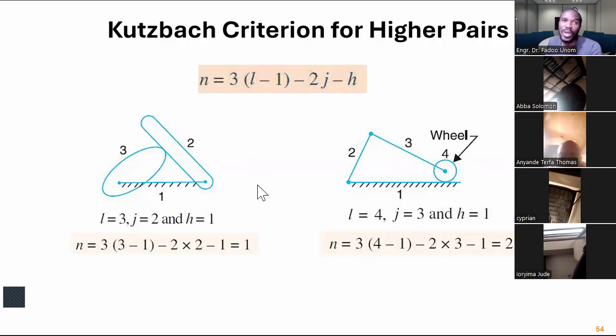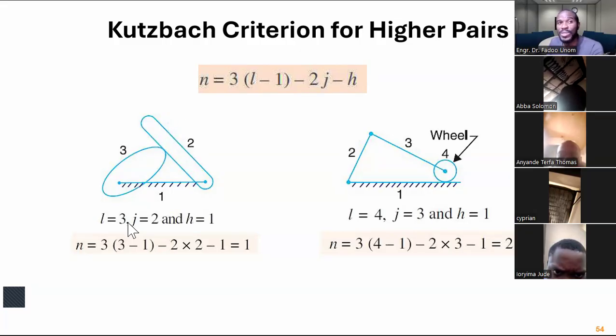Link 2 can produce revolute oscillatory motion about that point. That's a pin. It can move back and forth relative to this one. But the connection between 3 and 2 is not a pin. There is a line contact or a point contact between them. These 3 and 2 form a higher pair.